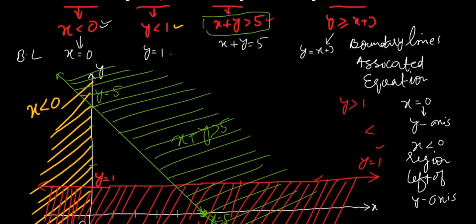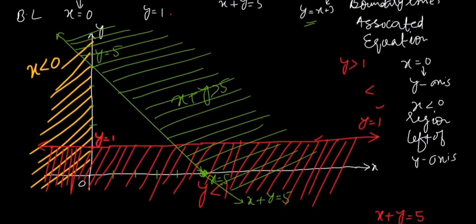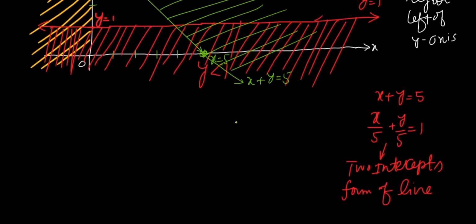Lastly, we need to draw the graph of the inequality y greater than or equal to x plus 3. Its boundary line is y is equal to x plus 3. So we convert this boundary line into two intercept form. We can write it as minus x plus y is equal to 3.